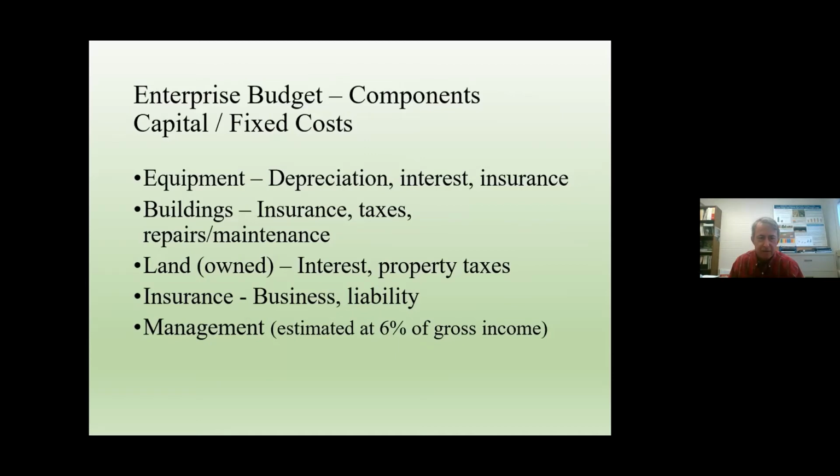Buildings, we're going to have insurance, property taxes, repairs and maintenance. Land, if we own it, maybe some interest and property taxes. Insurance, this would not be crop insurance, but more our business insurance, liability insurance, and again, the management costs. All of these things have costs that we really need to account for somehow or another in our crop enterprise budget.